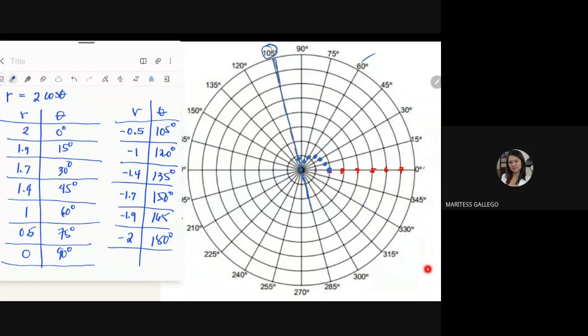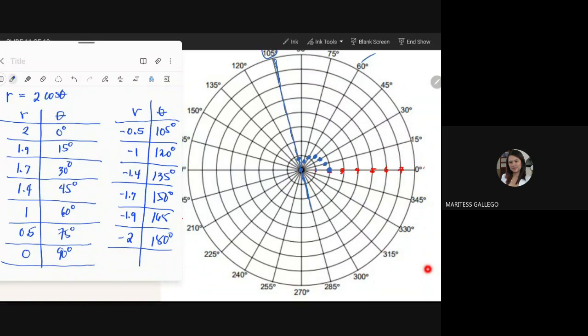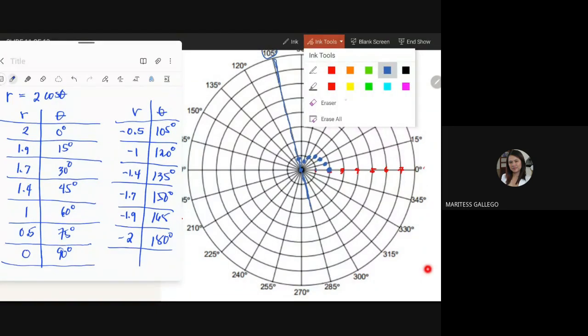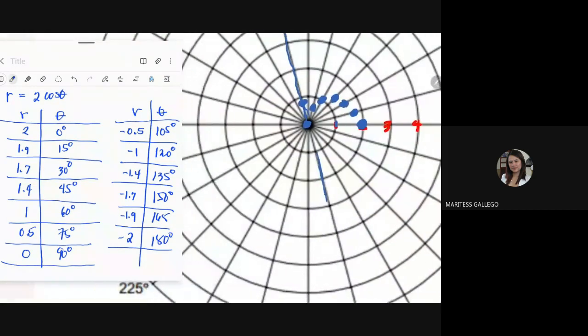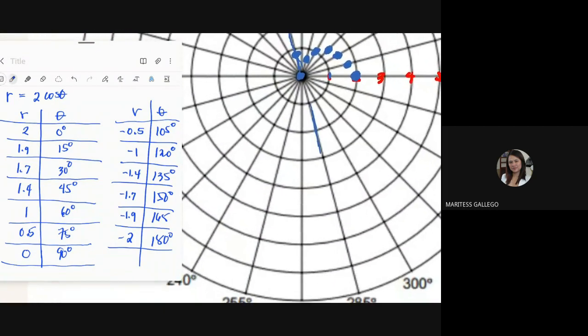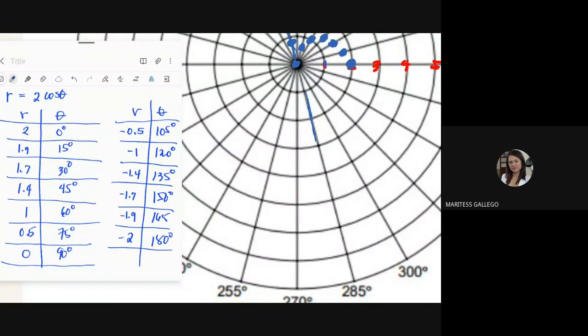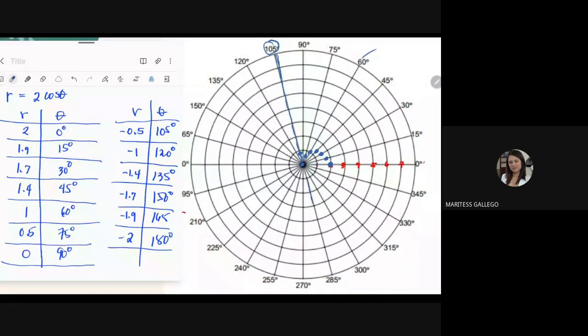Nandito siya. Erase ko lang. Okay, nandito yung 0.5. Nawala na. Saglit.